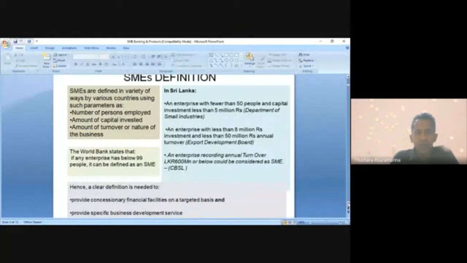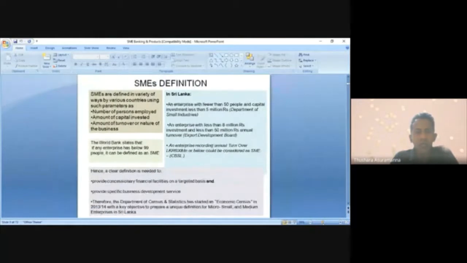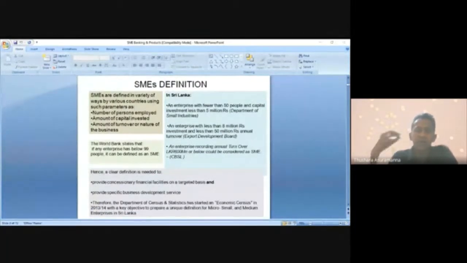Hence, from country to country, we are using different definitions. That's one thing you need to think about, because sometimes they might ask a question, what is the SME definition? So you might have to put a current definition, and then write these points as well, because only then can you get those marks.